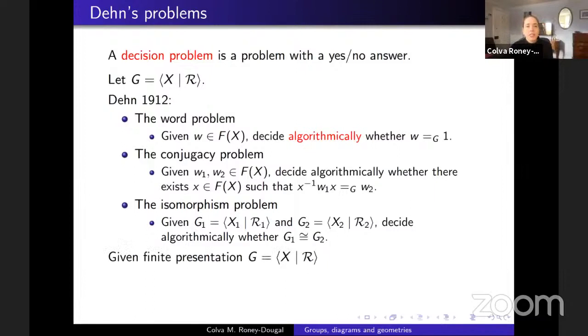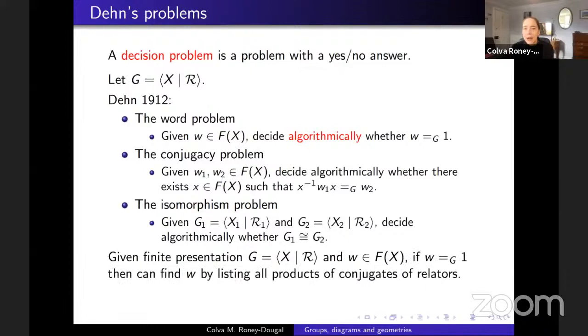Let's just notice that if you're given this finite presentation and you're given a word you'd like to know is equal to 1, if it is equal to 1 in the group, then we can work that out by just systematically listing all products of conjugates of relators. So first of all, we say, well, is W equal to one of the relators or equal to the inverse of one of the relators? And then I might say, is it a conjugate of one of the relators by a single letter?